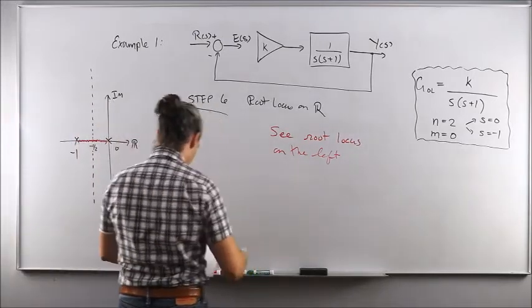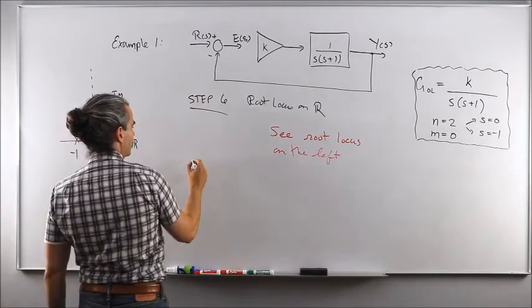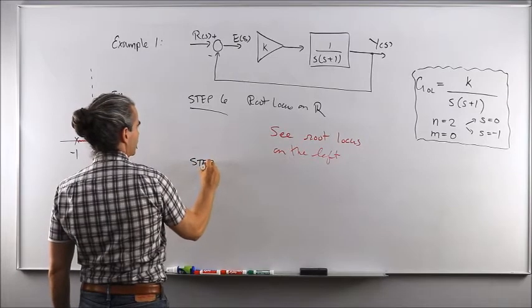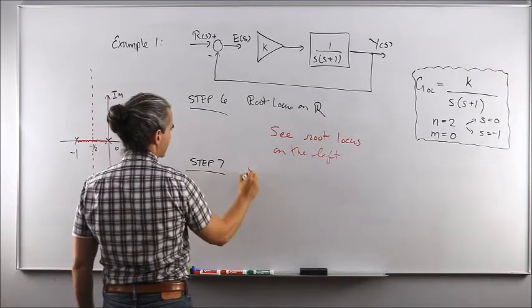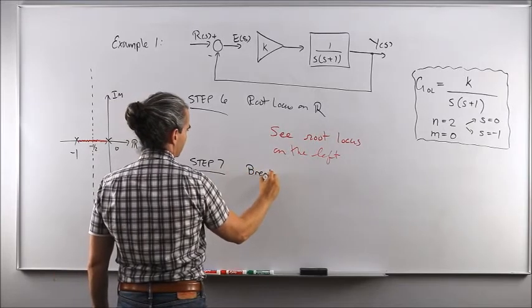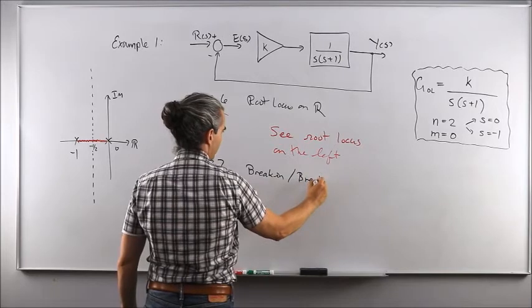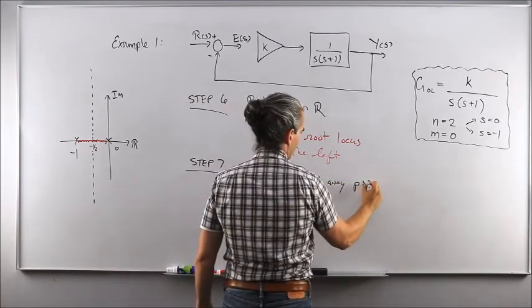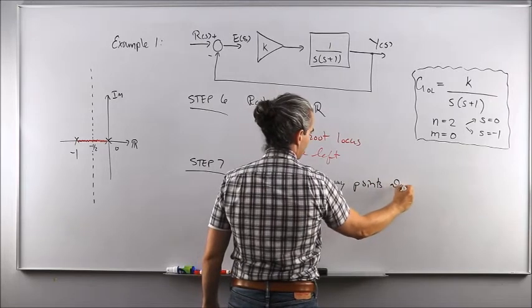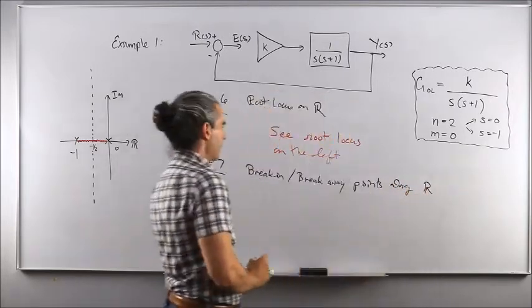Step 7, break in point of the root locus along the real axis. Break in / break away points along the real axis.